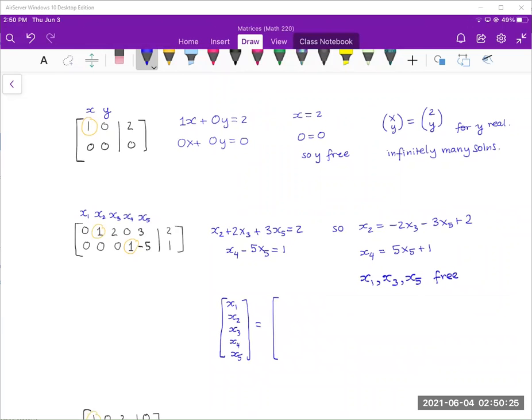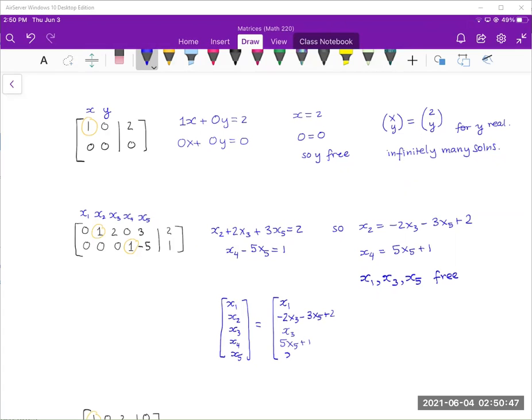So x1 is just itself, it can be any value. x2 is given by this equation, negative 2x3 minus 3x5 plus 2. x3 is itself. x4 is given by 5x5 plus 1.